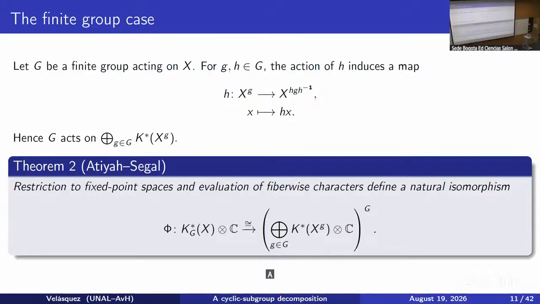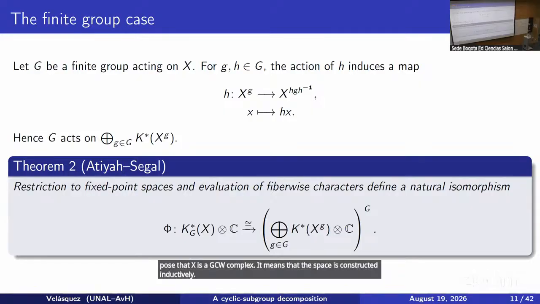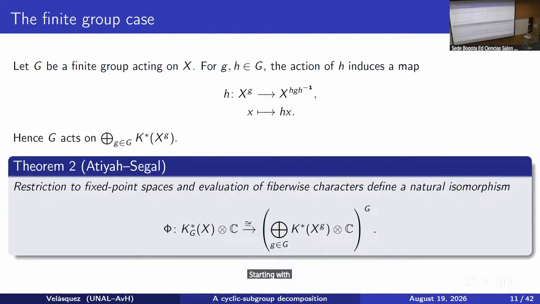How to prove this result? The idea is that we suppose that X is a GCW complex. It means that the space is constructed inductively, starting with points, or starting with orbits, and then attaching a disk using certain maps.